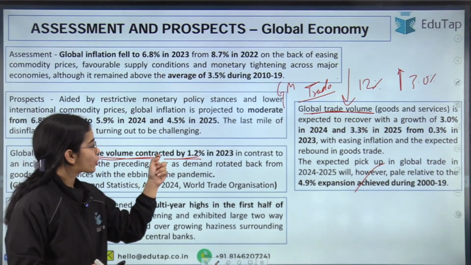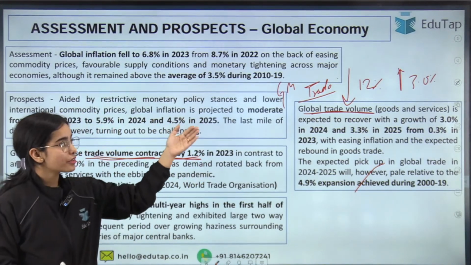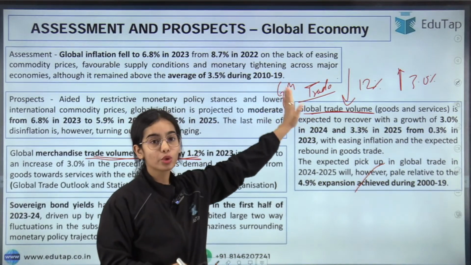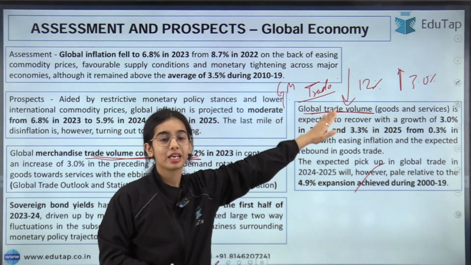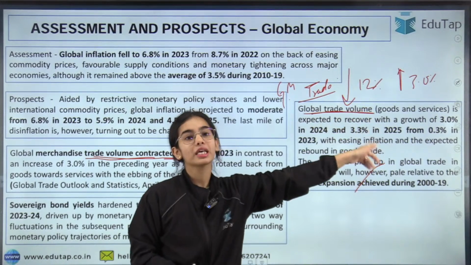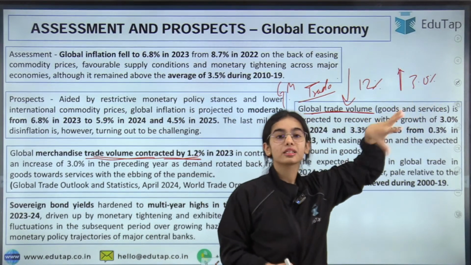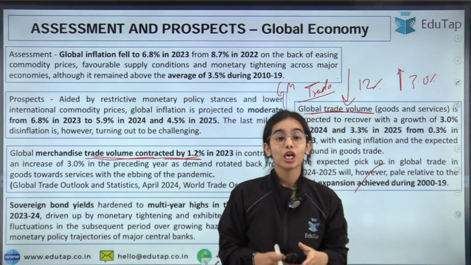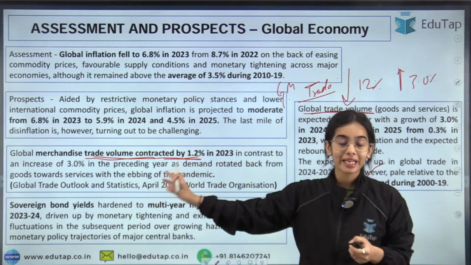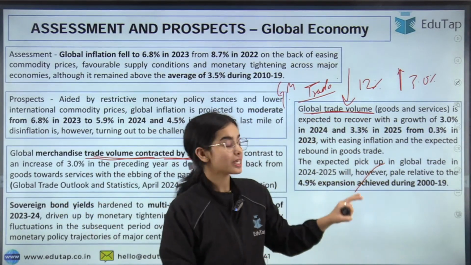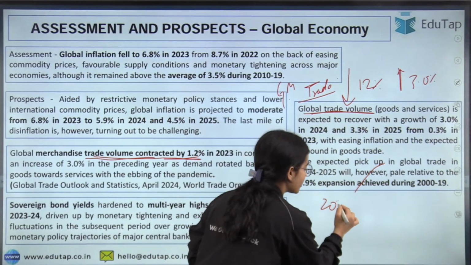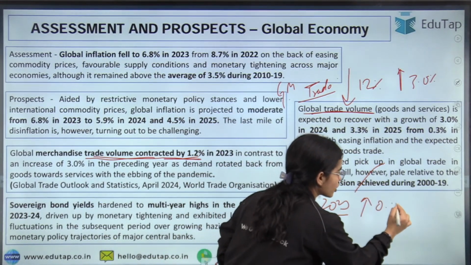So the trade volume contracted by 1.2% means that the trade volume in merchandise, the goods trade at the global level, decreased by 1.2% as against the 3% increase in the previous year, and that's why the demand has rotated towards the services. As you can see, the services in 2023 increased by 0.3%.